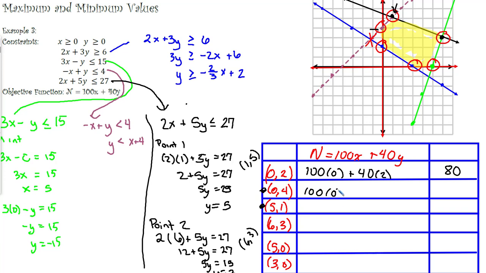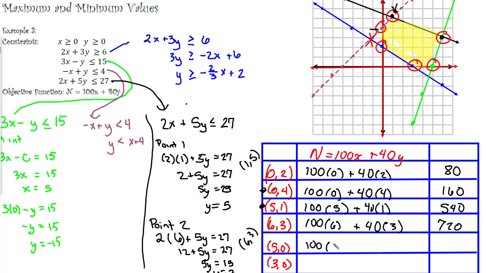So 100 times 0 plus 40 times 4 gives us 160. 100 times 5 plus 40 times 1 gives me 540. 100 times 6 plus 40 times 3 gives me 600 plus 120, 720.